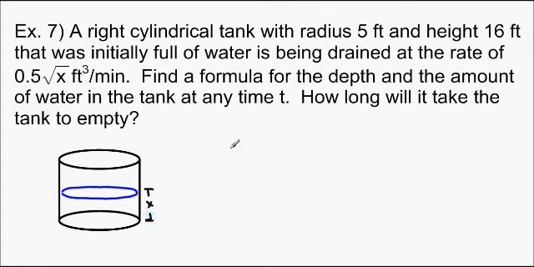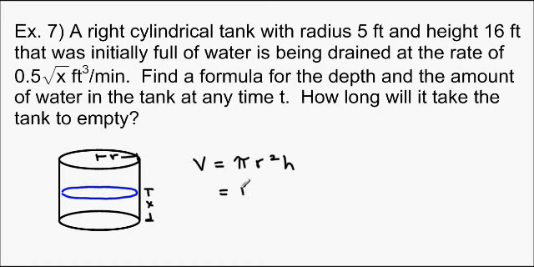I know that the volume of a right cylinder is V equals pi r squared h. So area of a circle times the height. So for this tank here, I know that my radius is 5, and it's always going to be 5. Tells me that radius is 5.